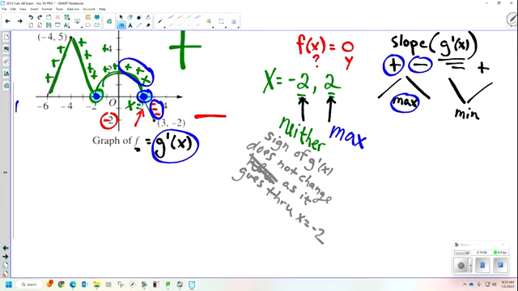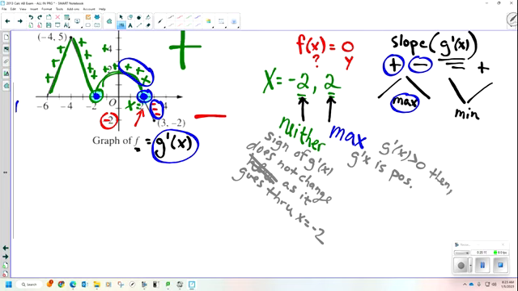Okay, and why is there a max at x equals 2? Because g prime of x is positive. I don't like writing words. I like doing this: g prime of x is greater than 0.